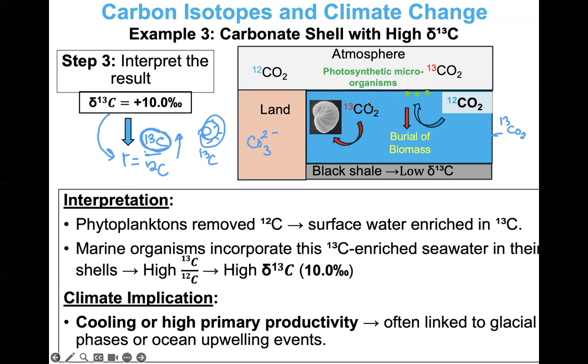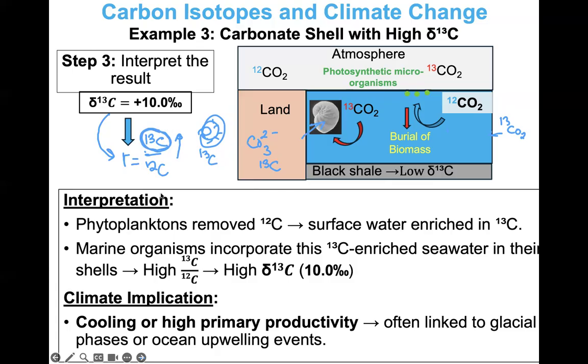Because C12 is removed by the plants, you end up having more C13, and the shell will end up having more C13. As a result, the ratio will be higher and delta C will be higher.